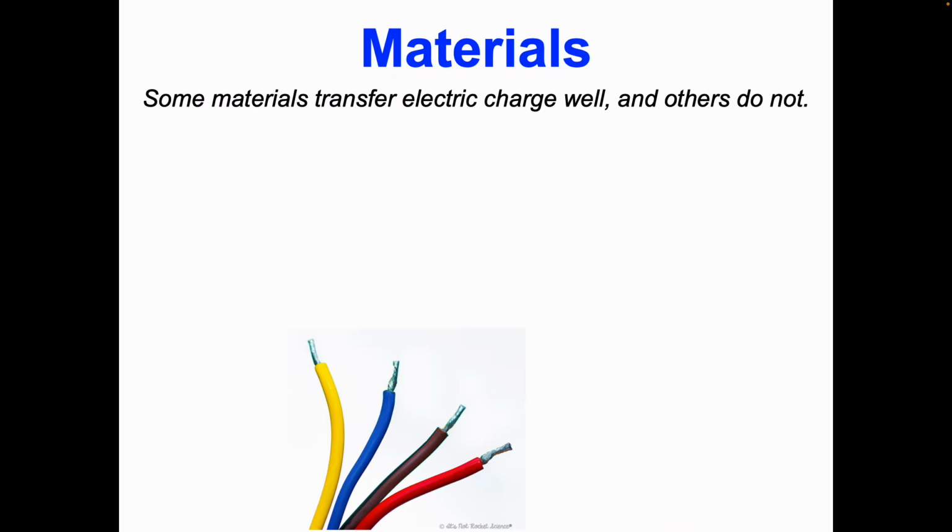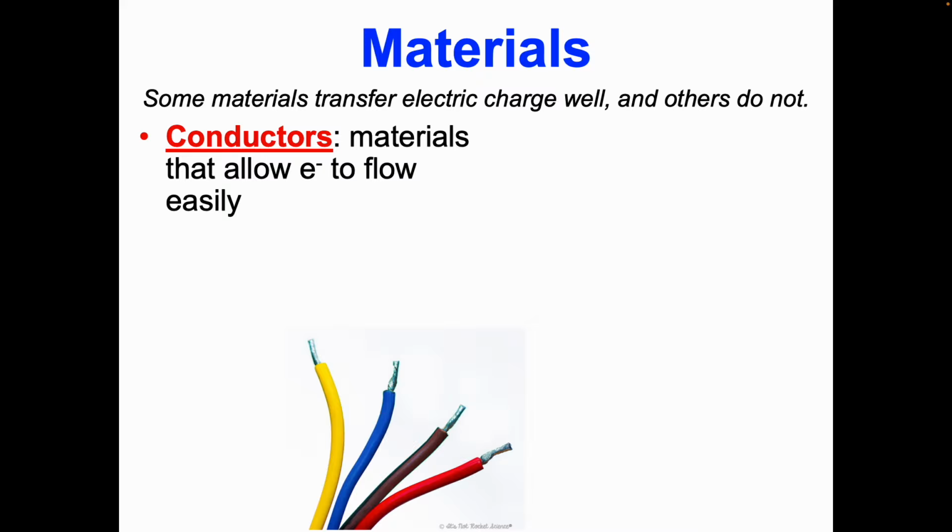Now let's talk back to materials. And this conversation will be reminiscent of what we talked about when we learned about thermal energy. We talked about heat in our energy unit. So some materials can transfer electric charge well and others do not, just like we saw that some materials can transfer heat and others do not. So conductors are materials that allow electrons, that electric charge, to flow easily.